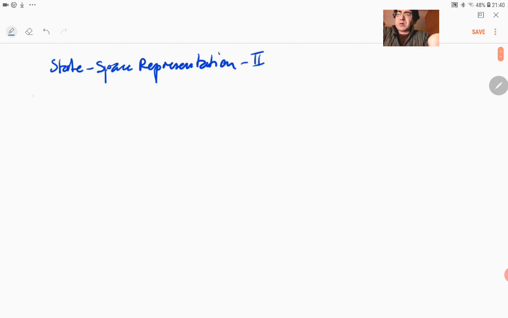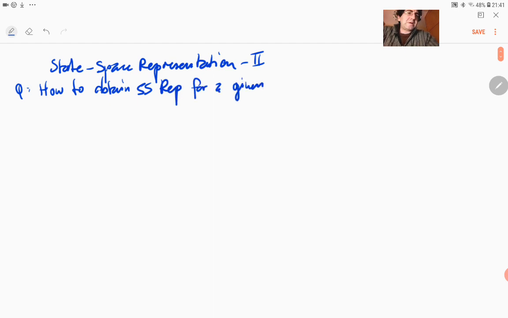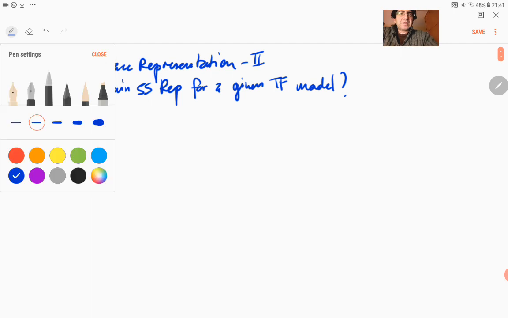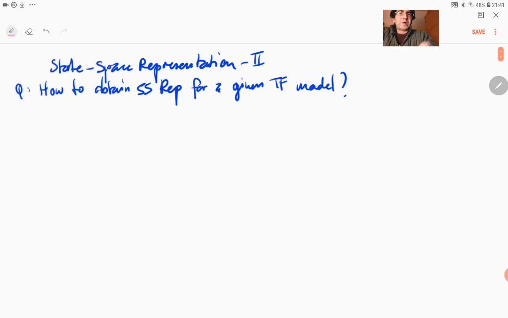Remember our question was how to obtain a state space representation for a given transfer function model. We will try to answer that with an example, which will lead into one way we can actually do this.